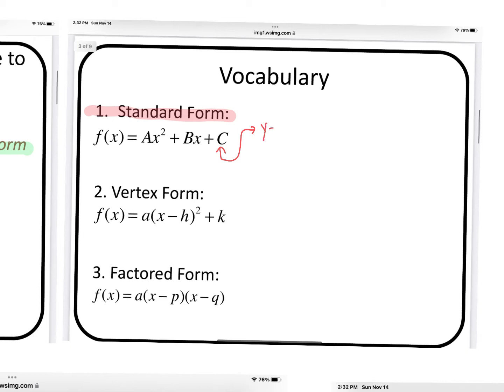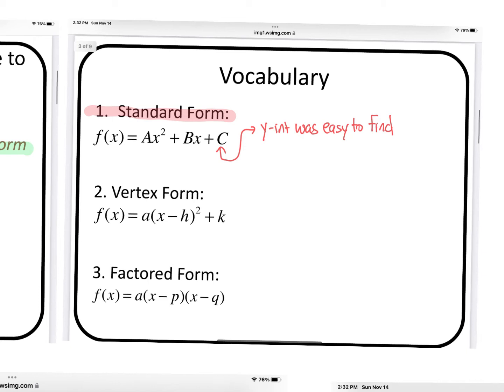So the Y-intercept was easy to find, okay? Because when we plugged in 0 for all the x's, the only thing that was left was the C, because the other terms went to 0.